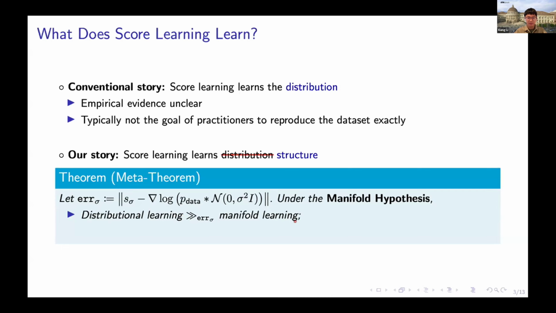However, for manifold learning, if you just want to learn the data geometry, learn the manifold, it is much easier. You can tolerate a much larger score error. And also, score learning must first implicitly learn the manifold before it learns the distribution.